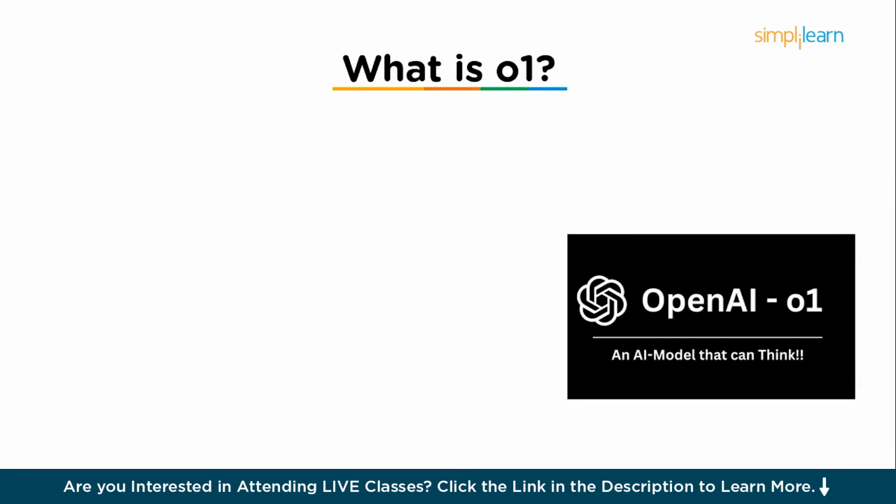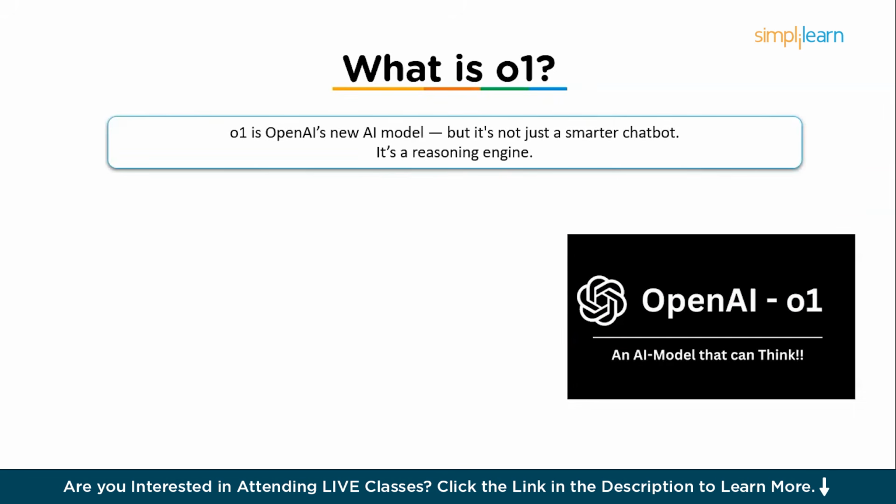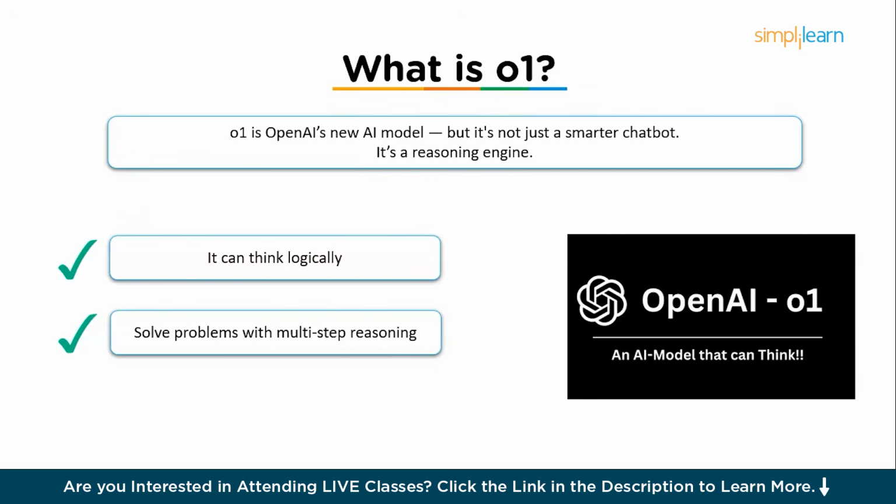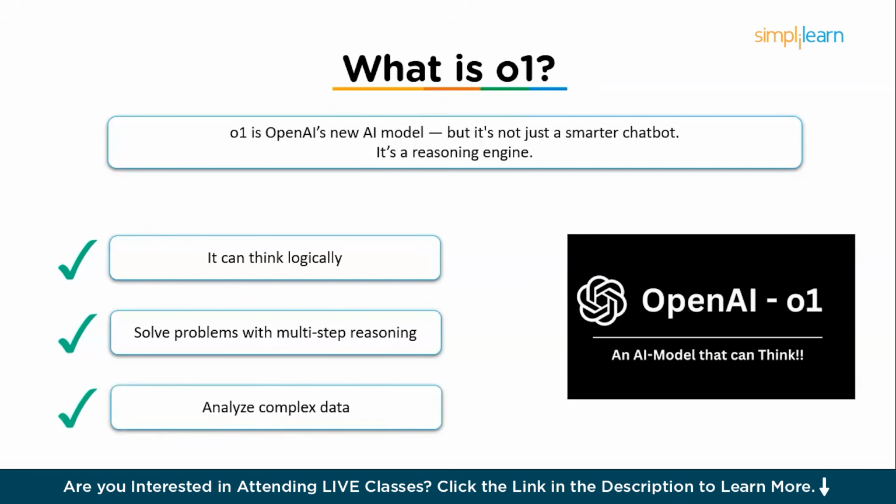So what is O1? O1 is OpenAI's new AI model. But it's not just a smarter chatbot, it's a reasoning engine. While models like GPT-4 are brilliant at language and creativity, O1 goes a step further. It can think logically, solve problems with multi-step reasoning and analyze complex data.